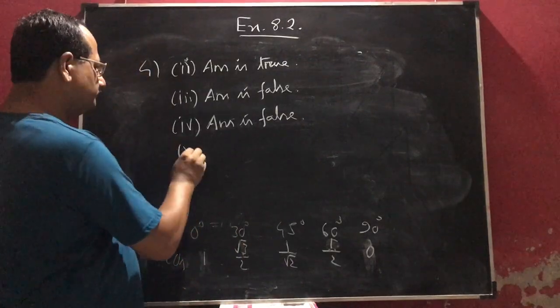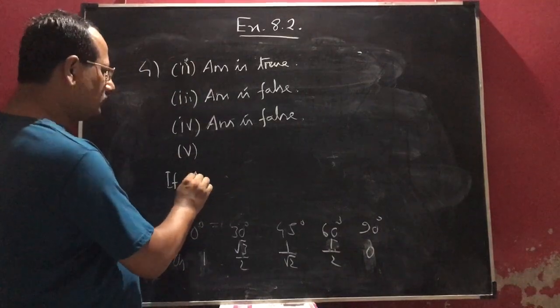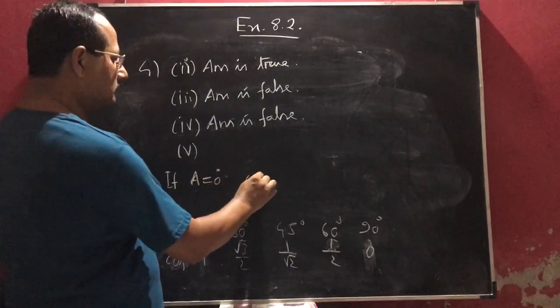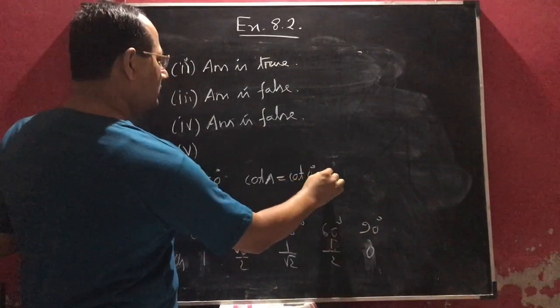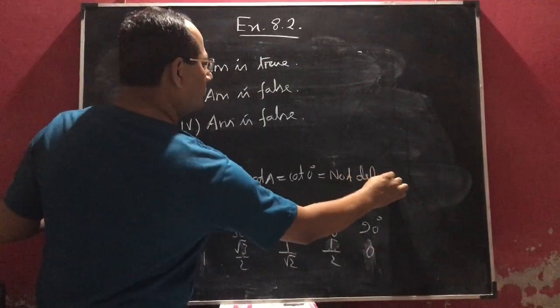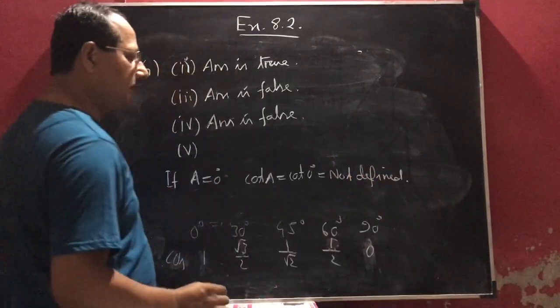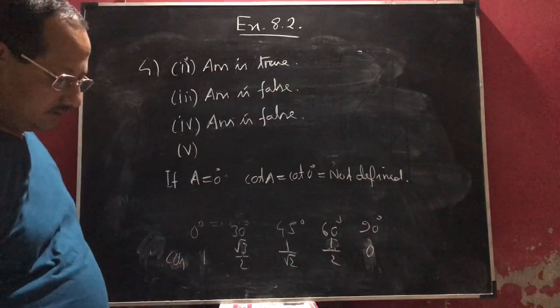And number 5. If A is 0 degree, cot A, that is cot 0, is not defined. Cot 0 is not defined. Okay?